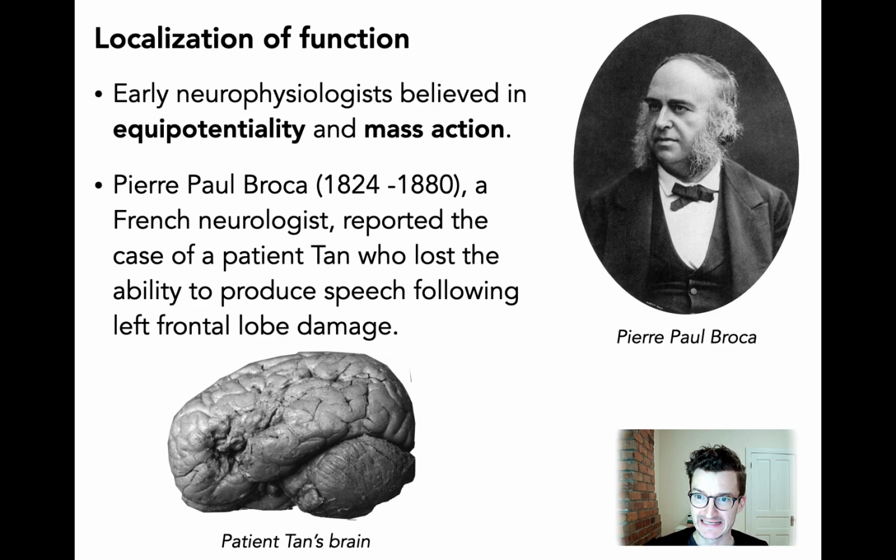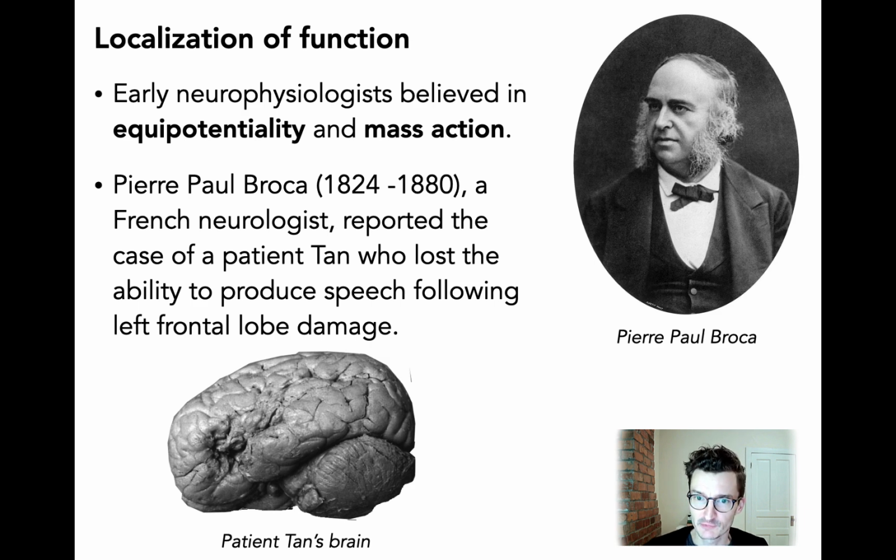Mass action is a related idea, and it simply says that if, let's say, 30% of your brain is removed, this results in a 30% deficit to all behavior. So under these two ideas, we shouldn't see that brain damage leads to specific deficits in specific behaviors. But of course, that's exactly what we do see.